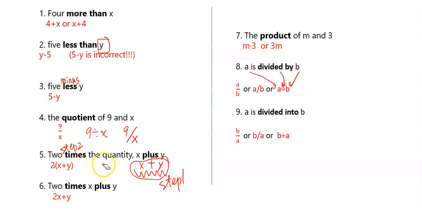And pay attention to quantity. If they have quantity, that means you have to find the quantity first, so put parentheses for that. And divided by and divided into. Divided by, you just follow the order, A first and then B. But divided into, you actually have to start from B and divide by A.